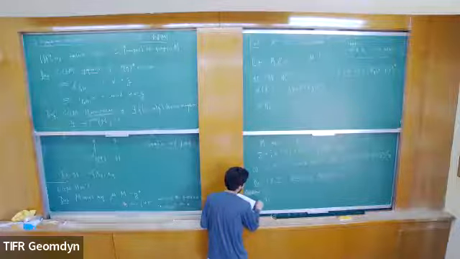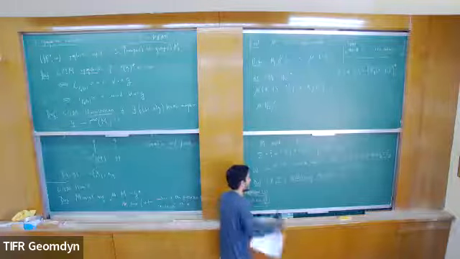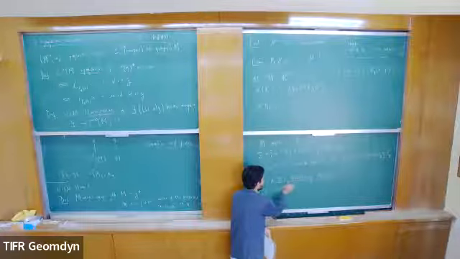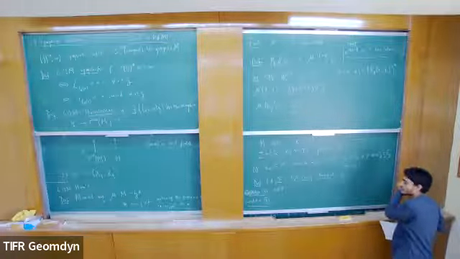Condition A says the following. Let's fix alpha less or equal to beta, so fix a pair S alpha, S beta such that S alpha is contained in the topological boundary of S beta.